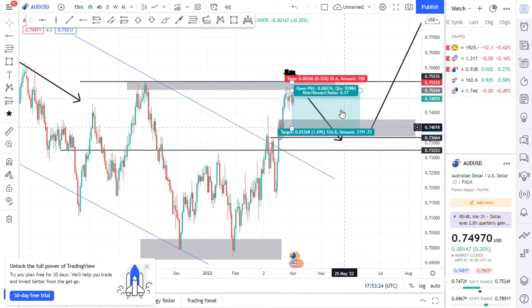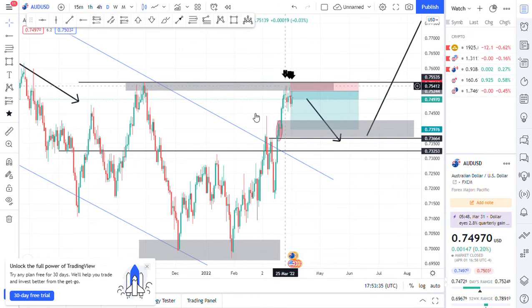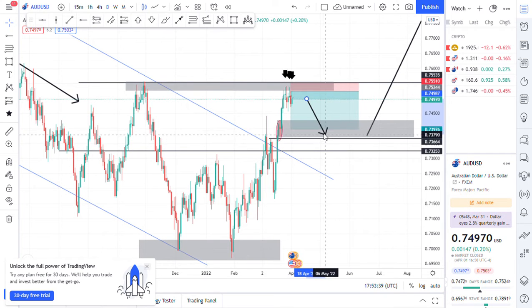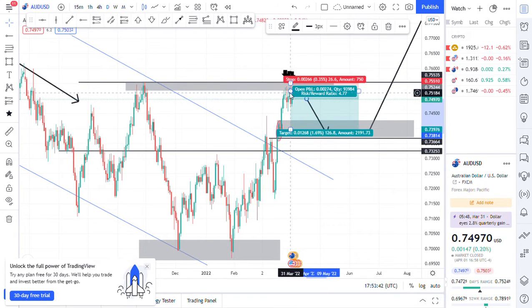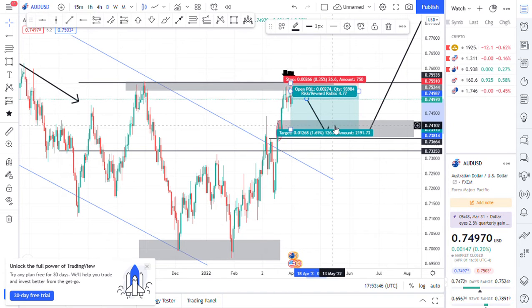This is about a 126.8 pip target, of which price is now rejecting the zone in the AUD USD. So most likely we're expecting a push to the downside. See the daily rejection, rejection, rejection. So most likely we're expecting a push to the downside and then a push to the upside.